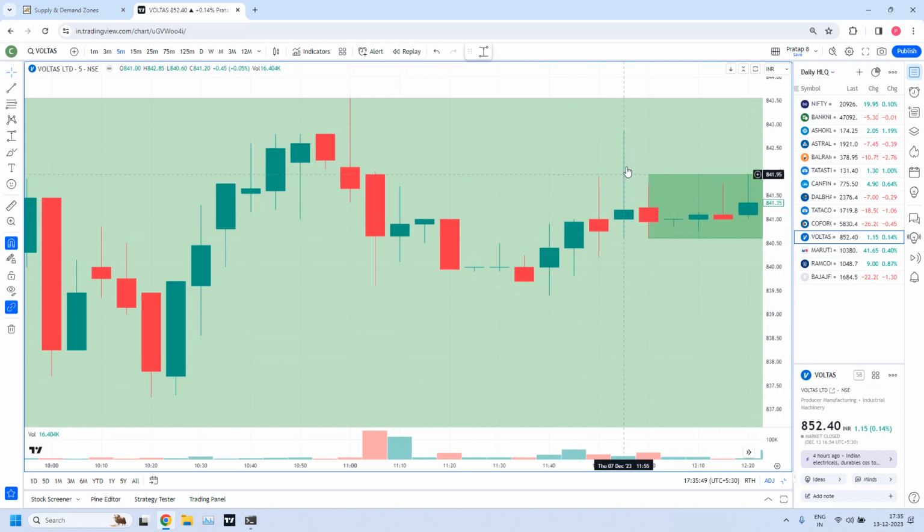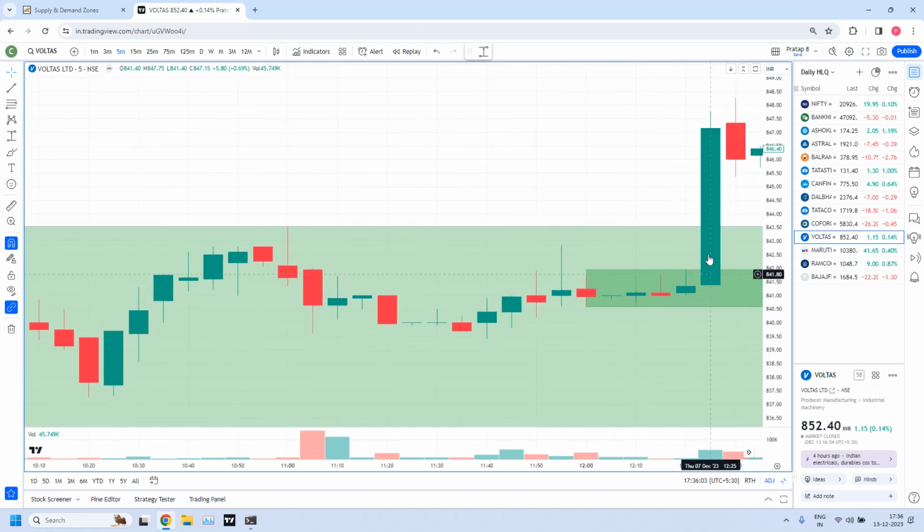So this failed ERC candle is the leg candle. And remaining all these small candles, 1, 2, 3, 4 candles are there. These are the base candles. After that we have a leg out.